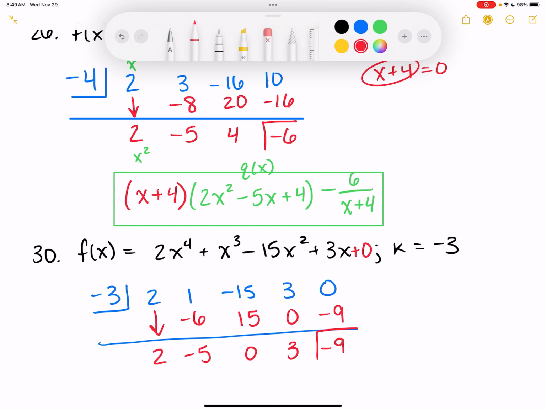So I'm going to do it just like I did 26. Here k equals negative 3. I like to think about it as x equals negative 3 just for the purpose of setting it up. So I move the negative 3 over, and I have x plus 3 equals 0. That means this is the factor that I'm using.